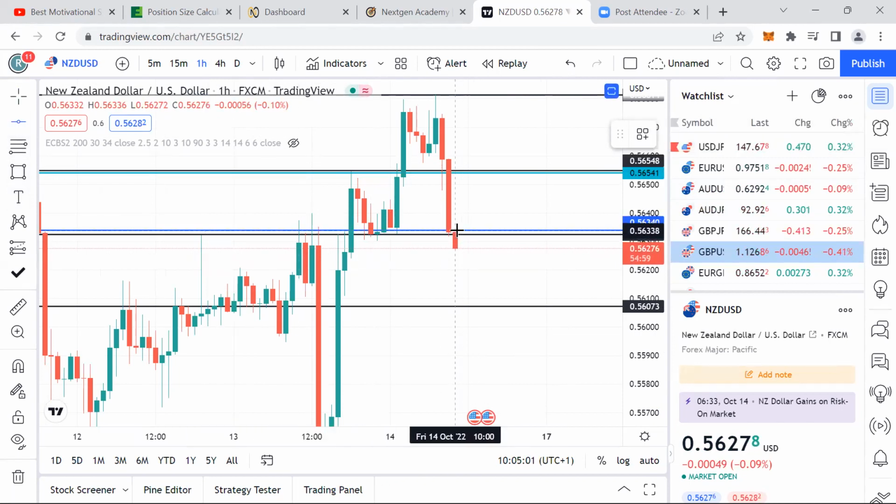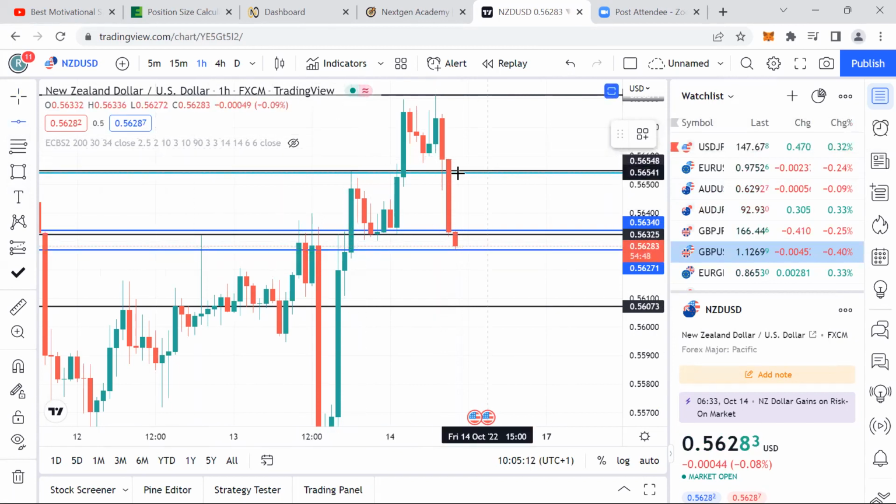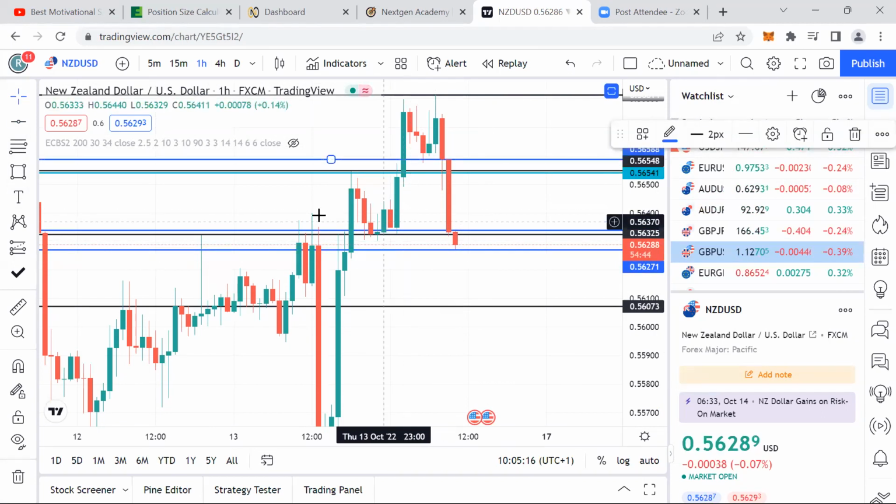So this is the current hour, put on the wick up, wick down. Then the previous hour, that's the second candle, put on the wick up. And you can see the downside is already captured by the daily and also the current hour.